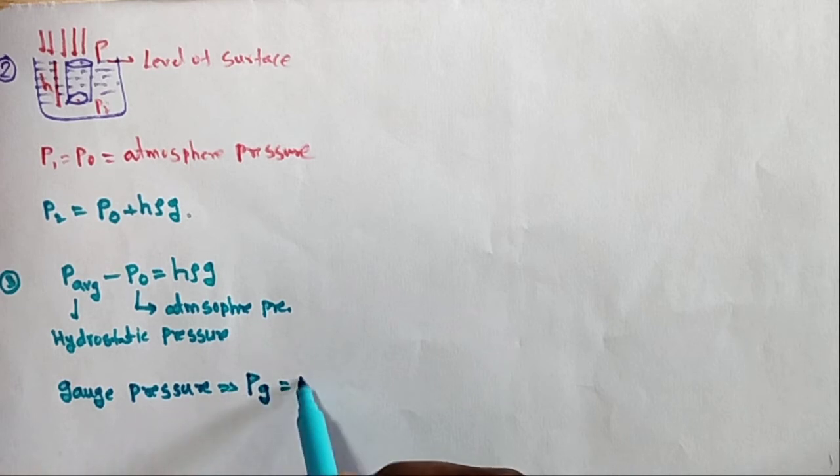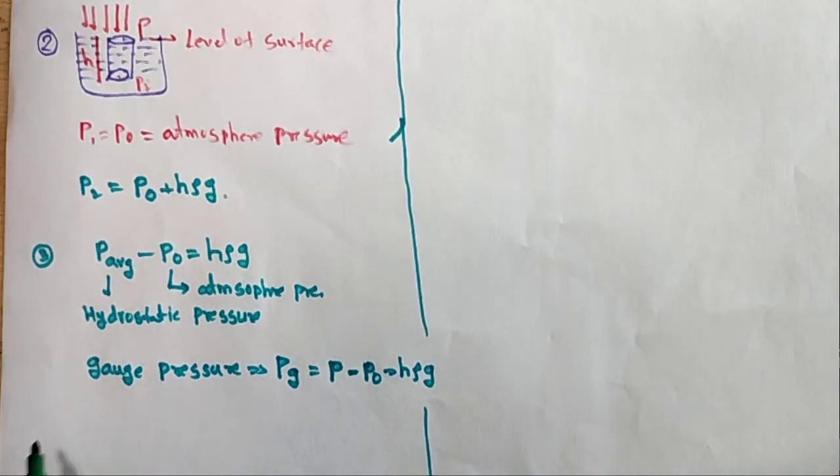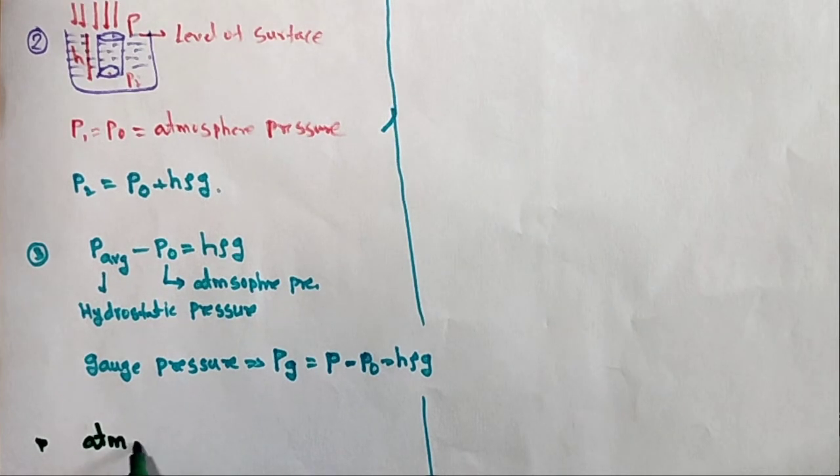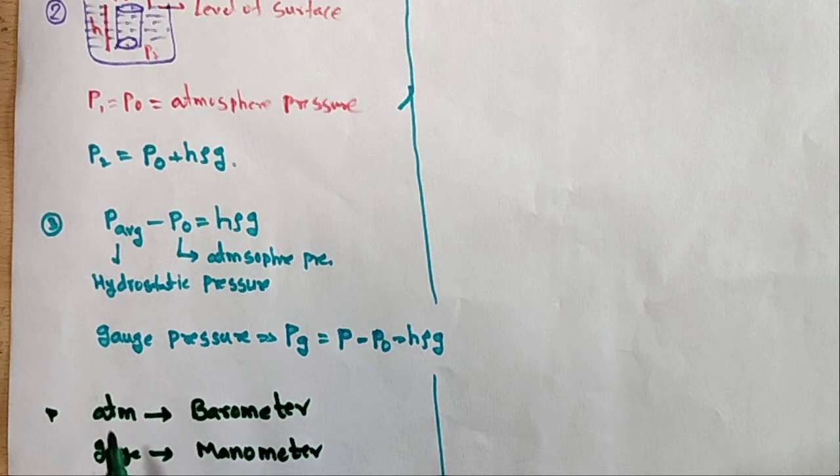Pg, gauge pressure, is equal to P hydrostatic minus P naught, which is equal to H rho G. Atmosphere pressure is measured by a barometer, and gauge pressure is measured by a manometer. Using the barometer you can find the atmosphere pressure, and using the manometer you can calculate gauge pressure.